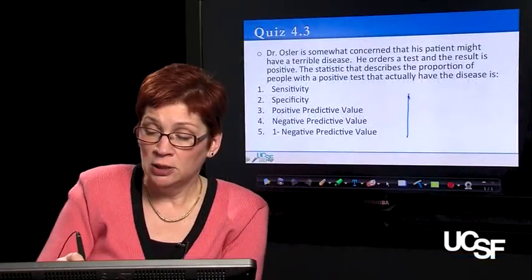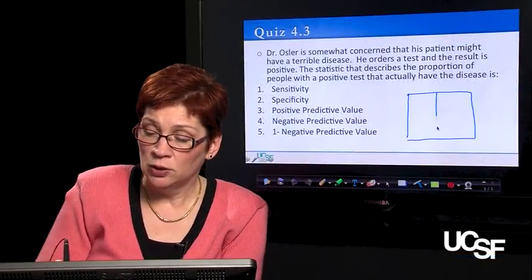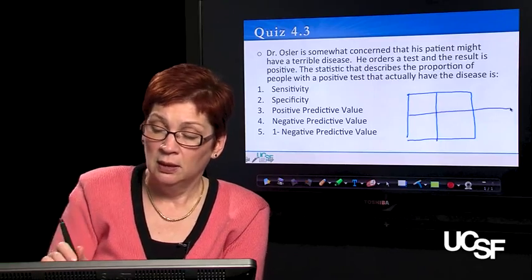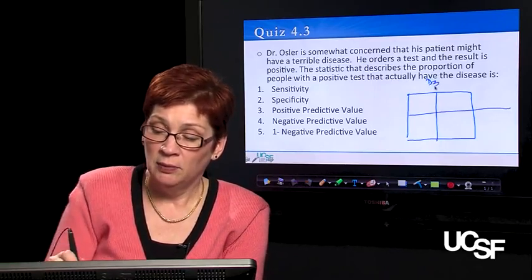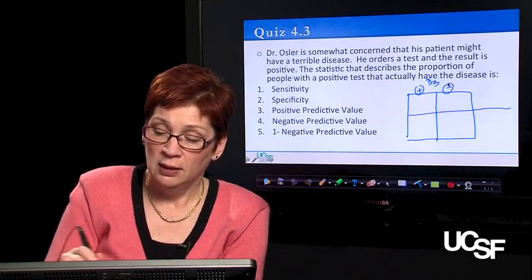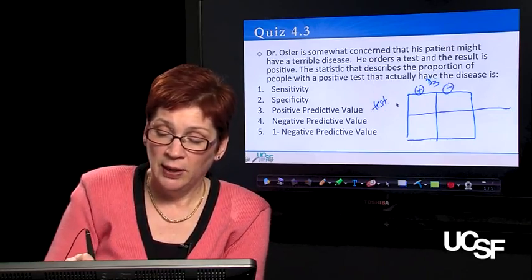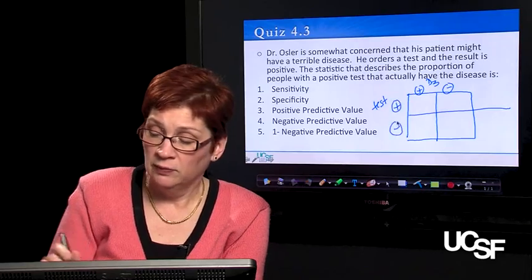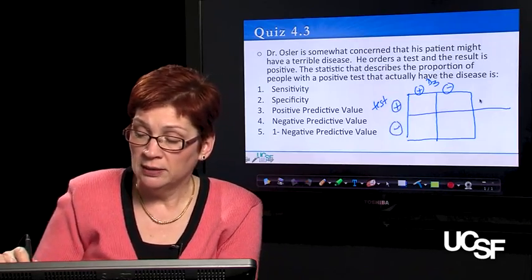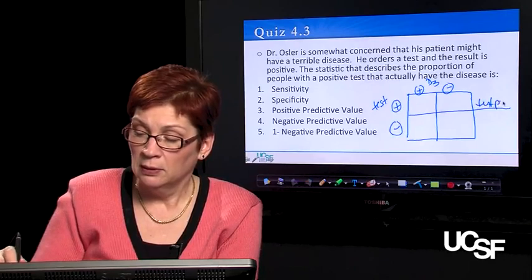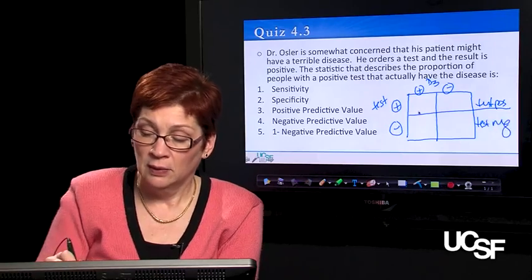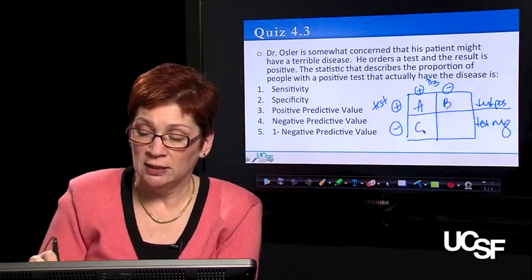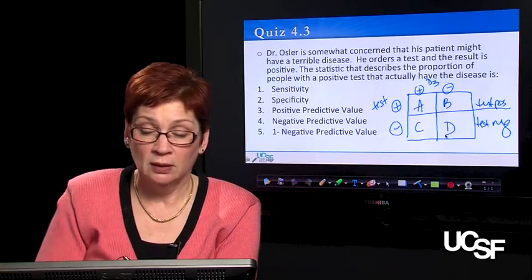And to answer that question, let me remind you of our 2x2 tables. This is disease, positive and negative. This is test, positive and negative. This is all who test positive and all who test negative. And we remembered our conventions A, B, C, D, right?